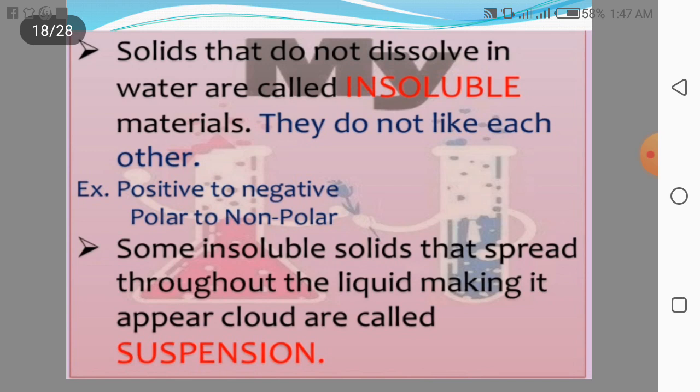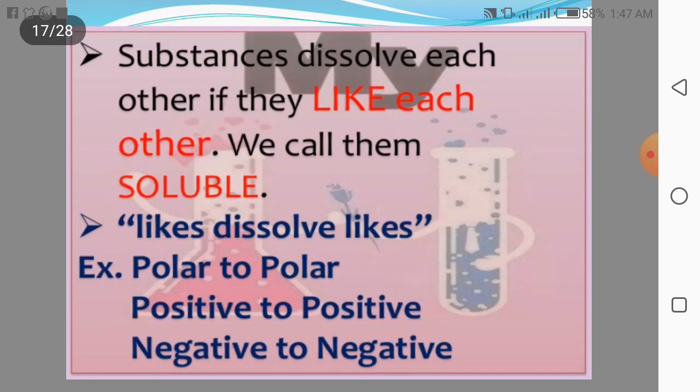Solids that do not dissolve in water are called insoluble materials, while solids that dissolve in water or any other phase are known as soluble. The small difference is that insoluble substances do not like each other while soluble ones like each other, like humans.